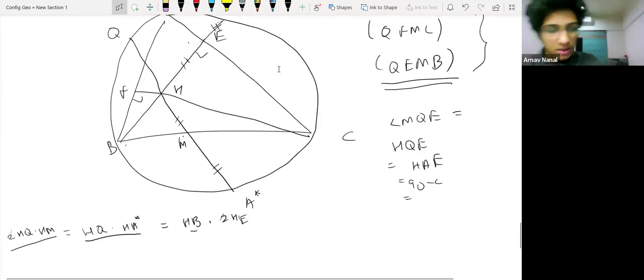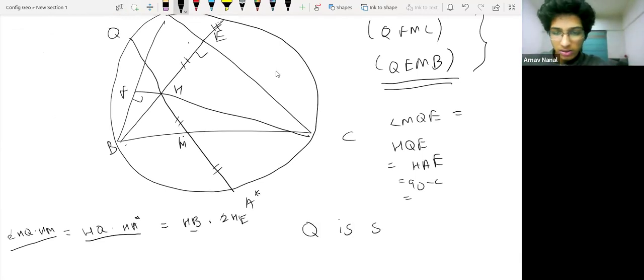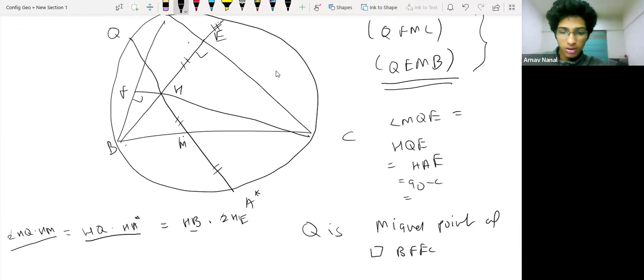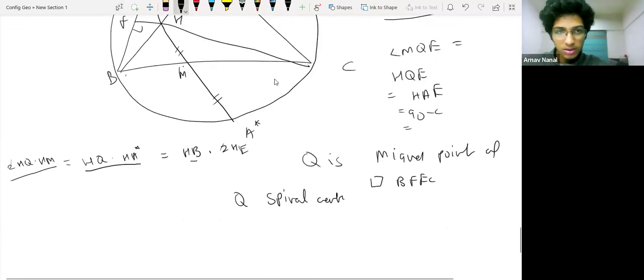Also, just as a thing, for those of you who know spiral similarity, Q is the spiral center. Basically, Q is the Miquel point of quadrilateral BFEC. So Q is the spiral center taking FE to BC.